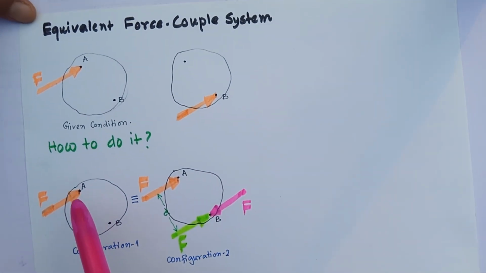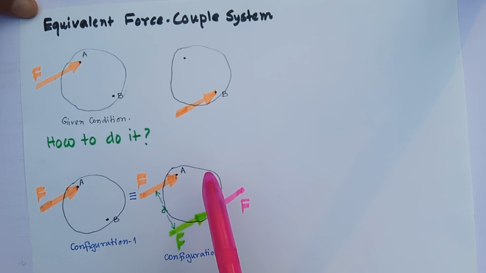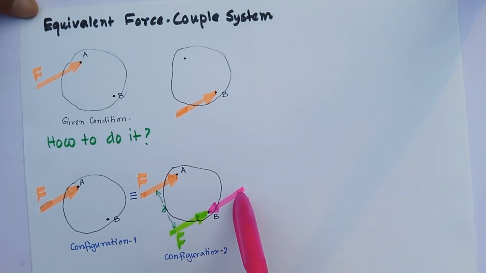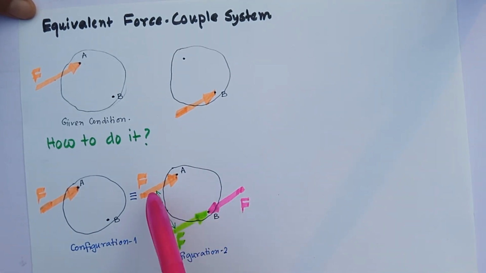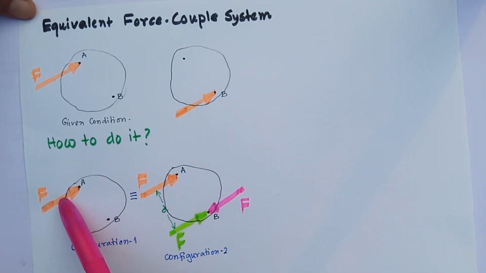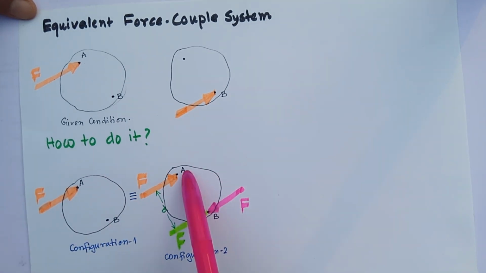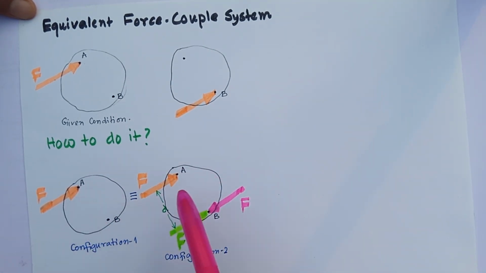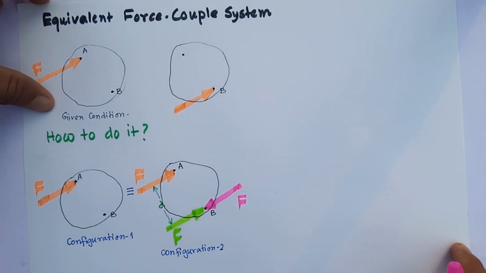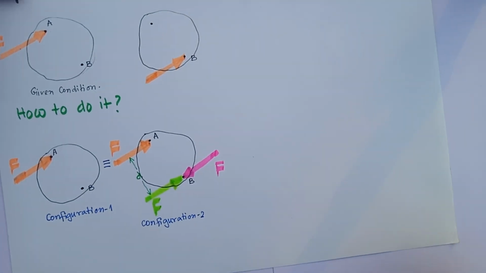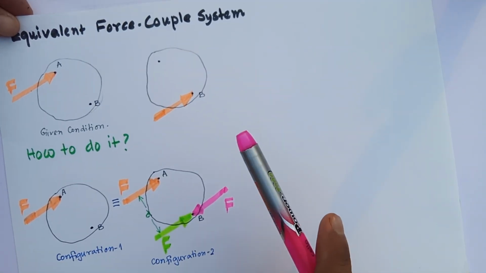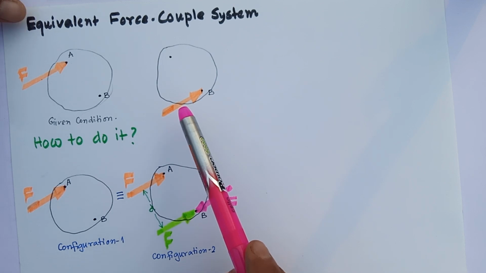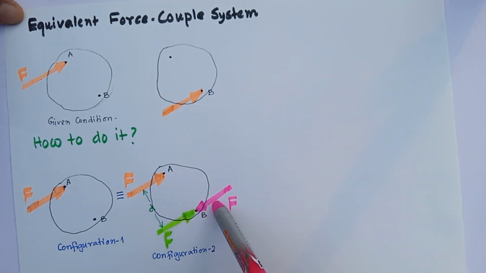In configuration 1 there was one force, and in configuration 2 there are three forces. These two are nullifying each other, therefore this remains the same as this, and therefore this configuration and this configuration are equivalent, right? Now you see that our target is to keep this force only, not three forces.